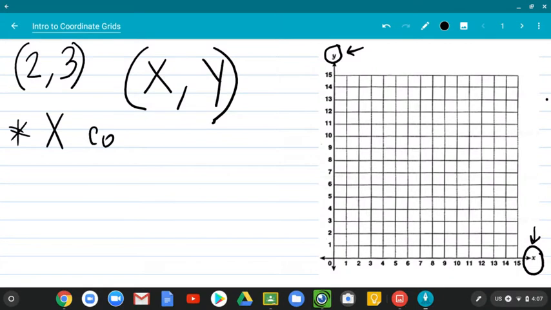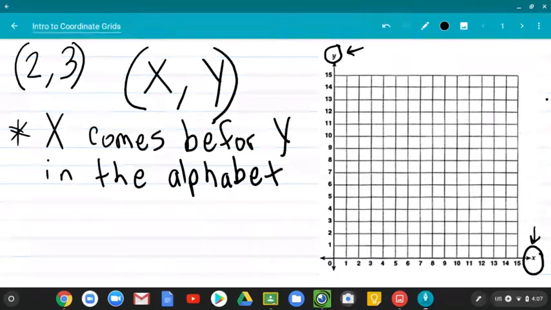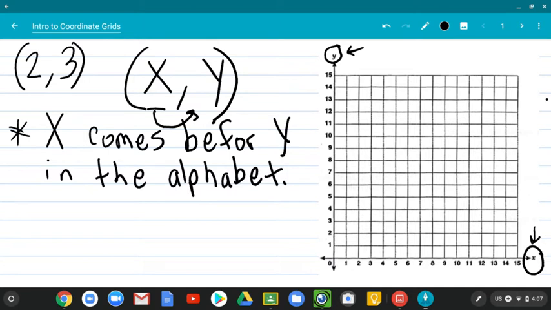X comes before Y in the alphabet. So, as a result, when we're making coordinate grids, X comes before Y in your points. Okay? So, the X would be the 2 and the Y would be the 3 in this example.